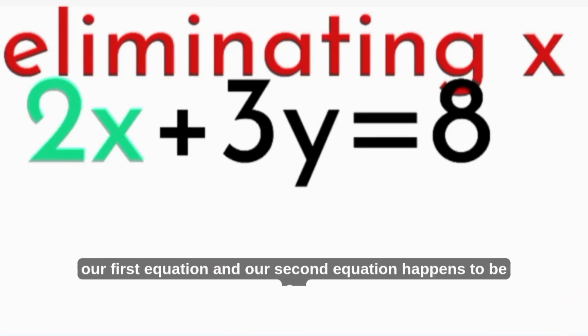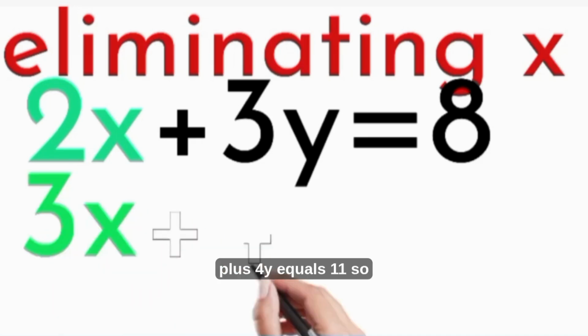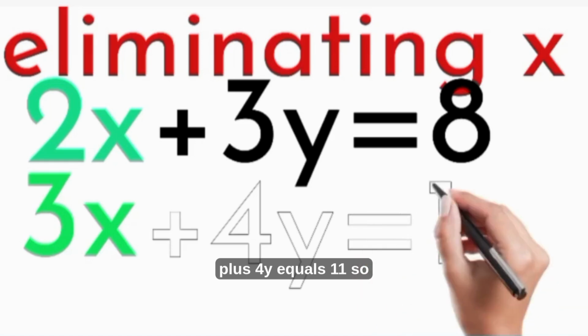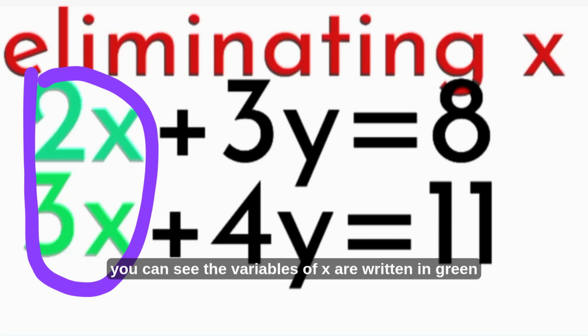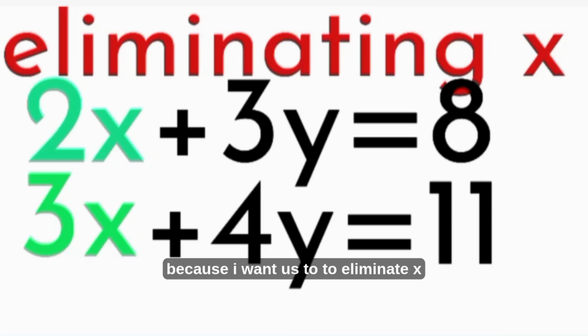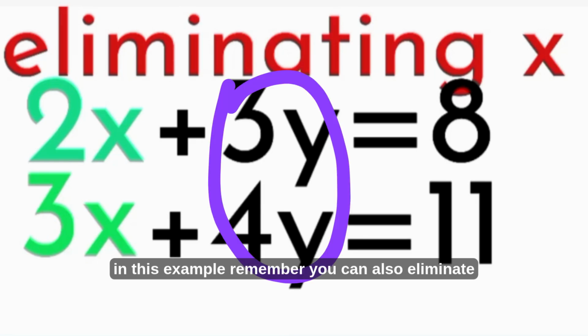That's our first equation. And our second equation happens to be 3x plus 4y equals 11. So you can see the variables of x are written in green because I want us to eliminate x in this example. Remember, you can also eliminate y if you want.